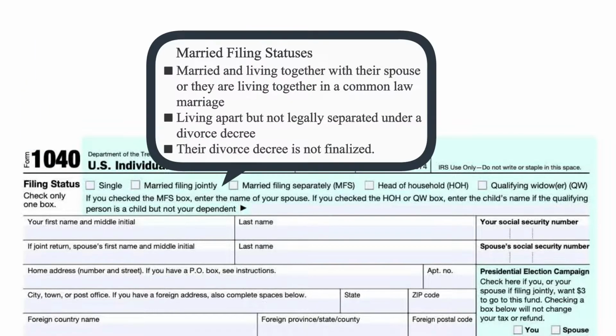For the married filing statuses, an individual is considered married if they are married and living together with their spouse, or they're living together in a common law marriage, or they're living apart but not legally separated under a divorce decree, or they're not considered separated due to the fact that their divorce decree is not finalized.